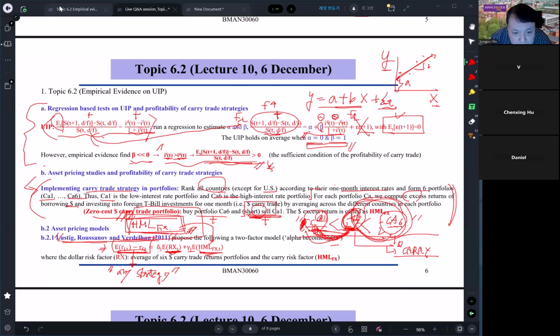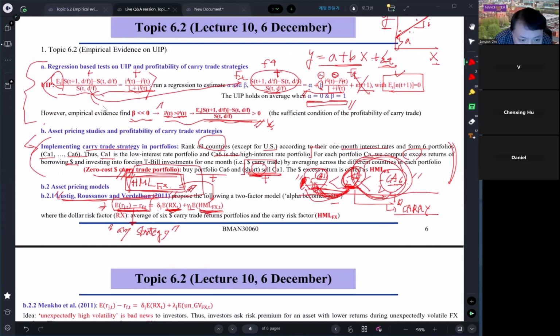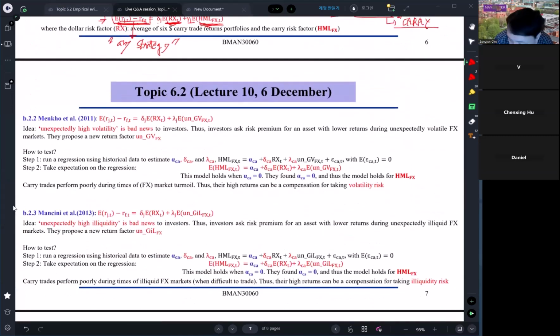They propose a pricing model based on the profitability of carry trade, and they try to understand the profitability of all other strategies using these two factors. But this is not that satisfactory. So why are those implementing HML making profit? What is the economic rationale?